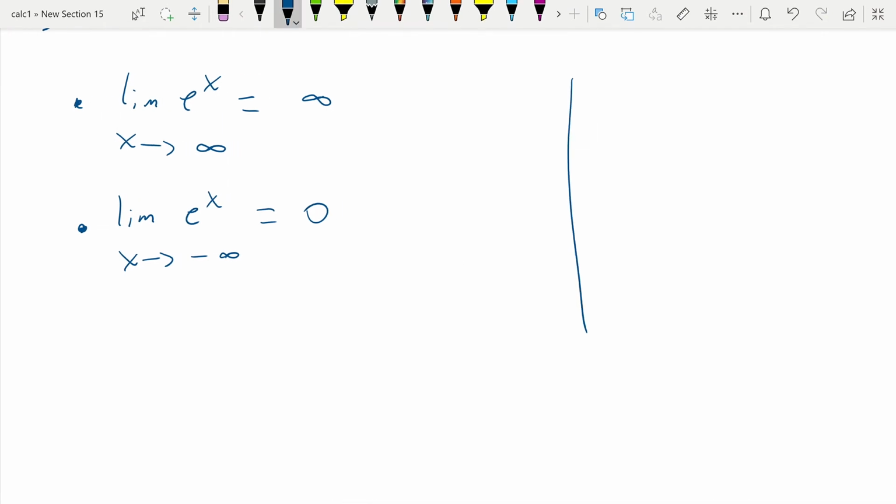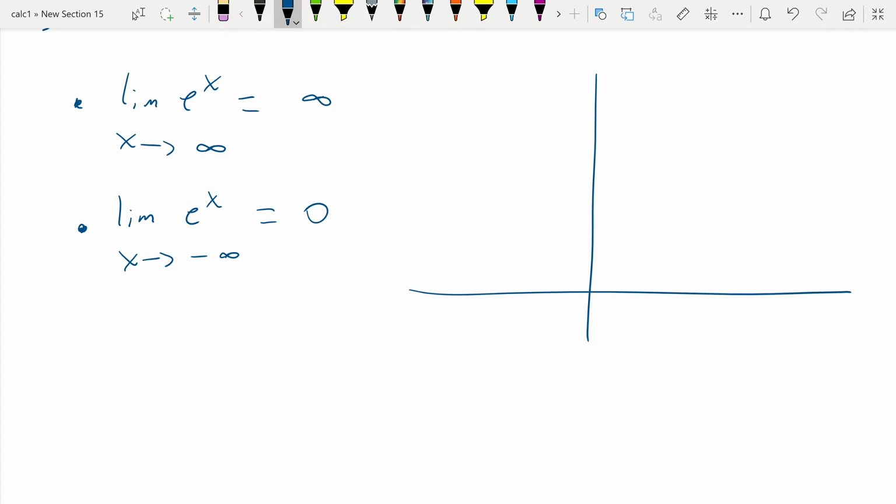If you remember the graph of e to the x, e to the 0 is equal to 1.